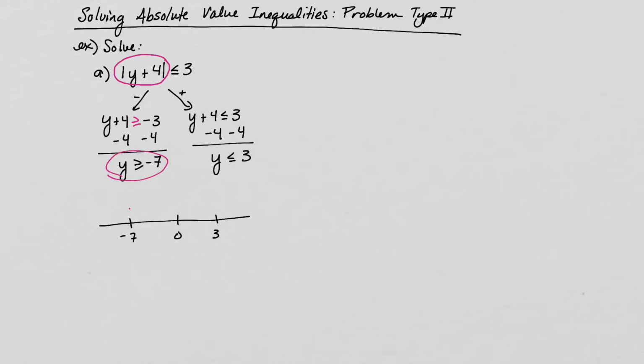At negative 7, since it's a greater than or equal to, it's going to be a solid dot, and it's going to go to the right. And this one over here in blue, again, is a solid dot, and we're going to go to the left. Since they overlap, we take the place where they overlap as our answer. Since we had solid dots, we have a square bracket, negative 7, comma, 3, square bracket.